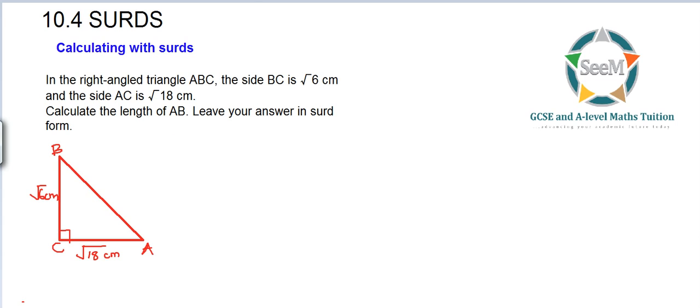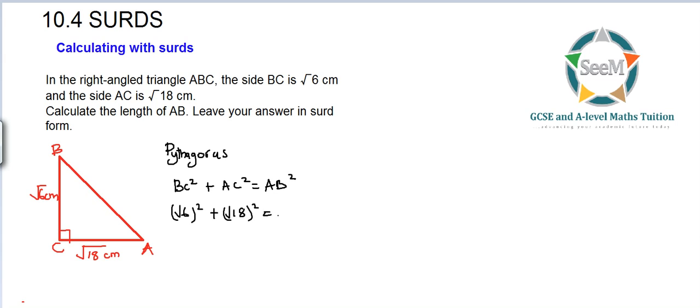Well, because it's a right angle triangle, we use Pythagoras' theorem to solve the problem. So using Pythagoras, we know that BC squared plus AC squared equals AB squared. In this case, root 6 squared plus root 18 squared equals AB squared.